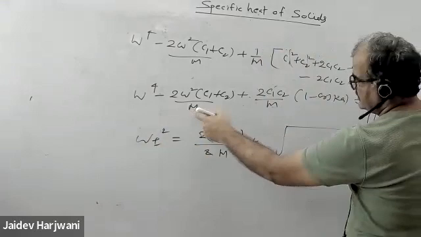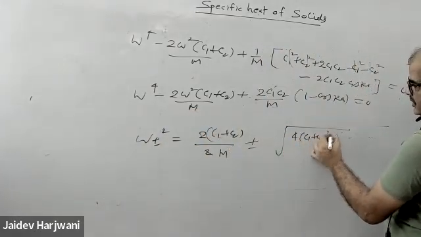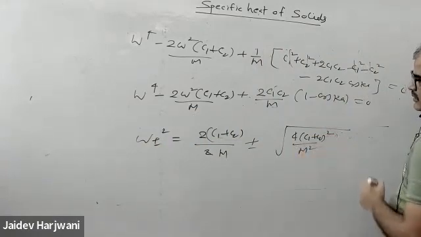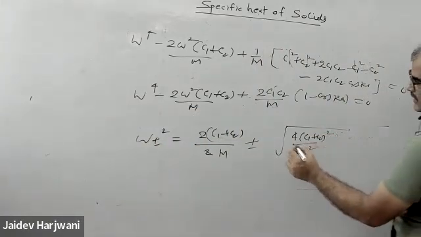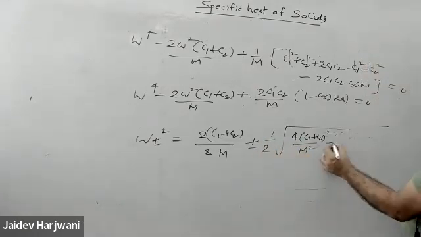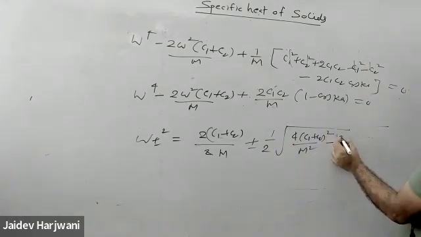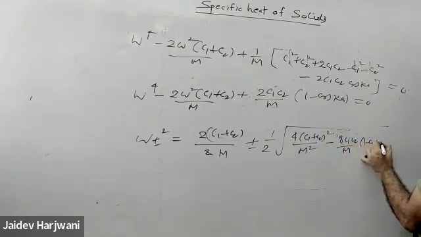So b square is this one. Okay, so this becomes 4 c1 plus c2 square m square. Okay, and minus 4ac, and 2a also should be there. So 2a and minus 4ac, that means 8 c1 c2 m 1 minus cos ka.